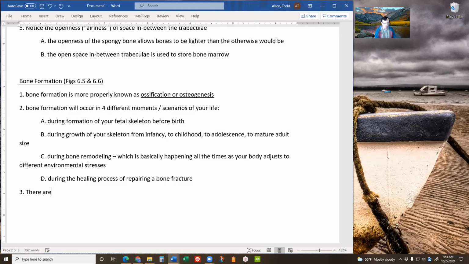So there are two main types of bone formation processes. They are intramembranous ossification. Okay, that is the topic of figure 6.5.